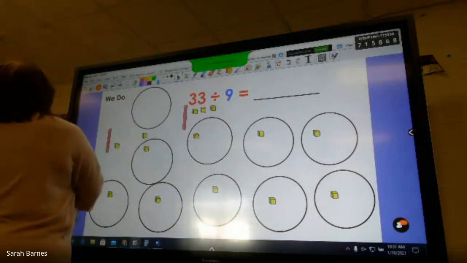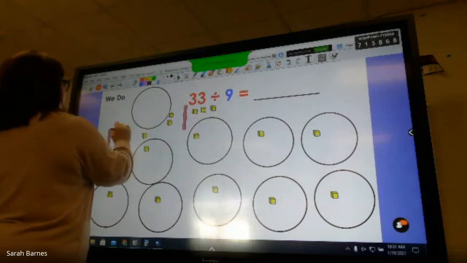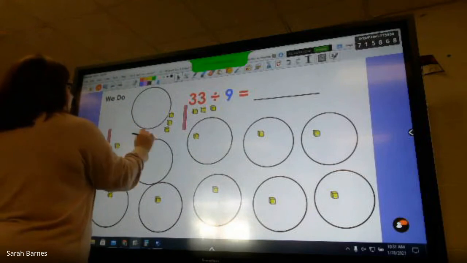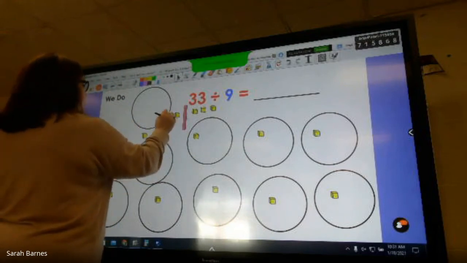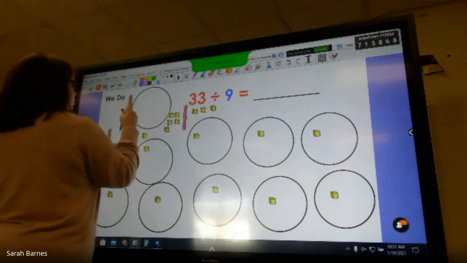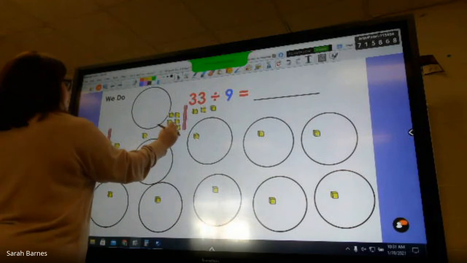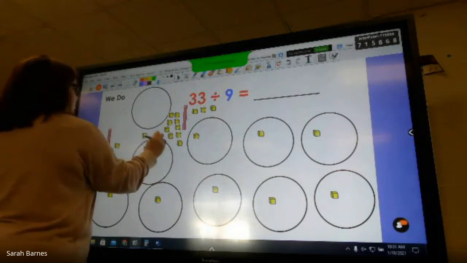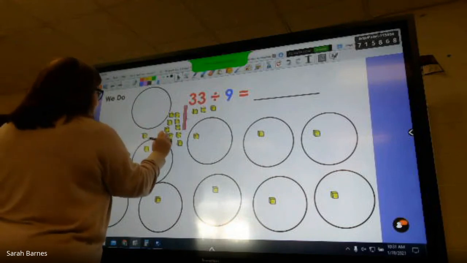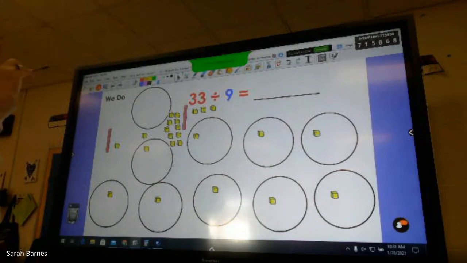We're going to say 1, 2, 3, 4, 5, 6, 7, 8, 9, 10. And now I'm going to put one in each box or circle so that I'm sharing with my friends.